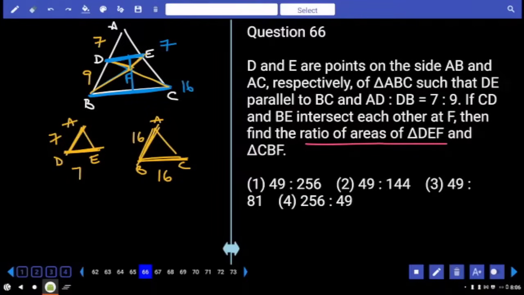Then their triangle areas ratio is going to be 7 squared and 16 squared, because bases are in the ratio 7:16 and height also in the ratio 7:16. Half base times height, half gets cancelled. Base and height are both 7 and 7 for DEF, and for BCF it is 16 and 16. Answer: 49 to 256.